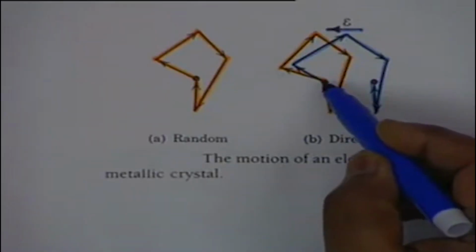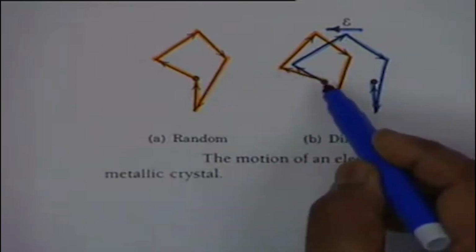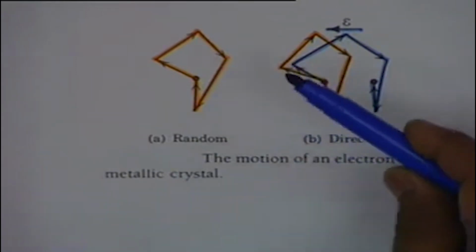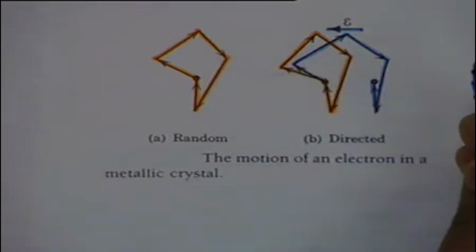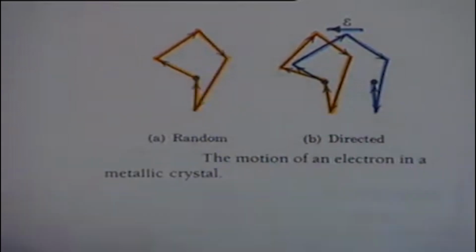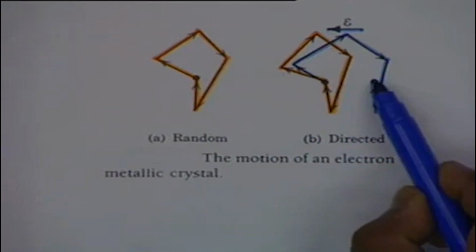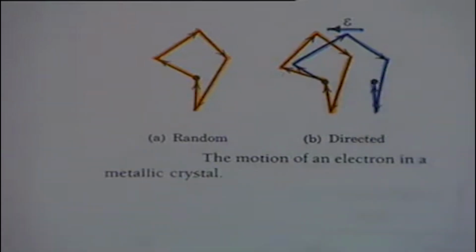The electron, if it was free motion, would go like this, but it follows the blue path. There is a slight tendency to go opposite to the direction of the electric field, so that after the same number of inelastic collisions, the electron does not come back to its original position. It shifts a distance in the direction opposite to that of the electric field.